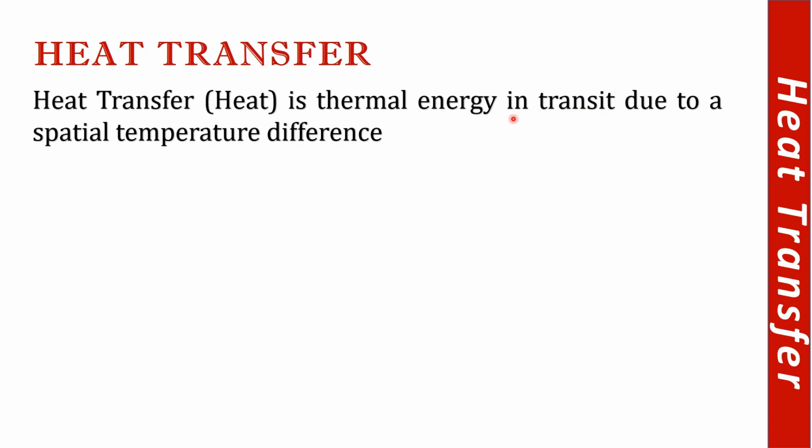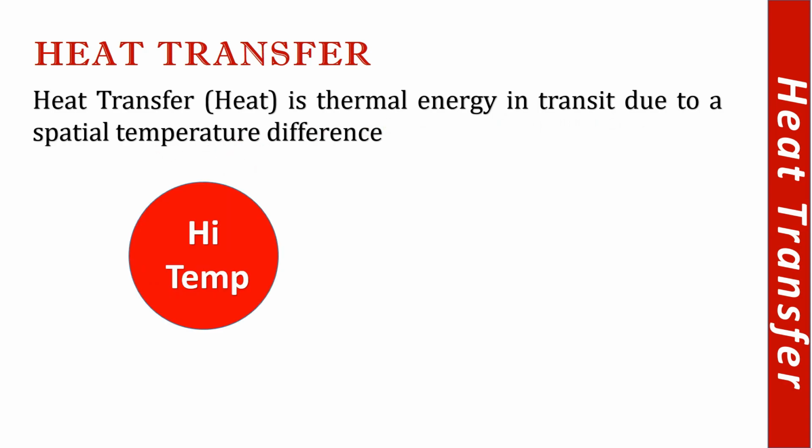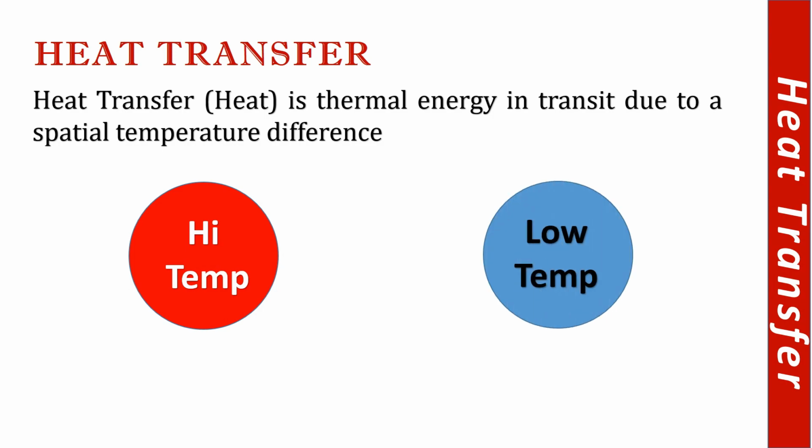Now it is very important to understand the high temperature area and the low temperature area. As you can see, if the temperatures of these two things are equal, there will be no heat transfer. Why? Because there is no temperature difference and there would be no flow of heat.